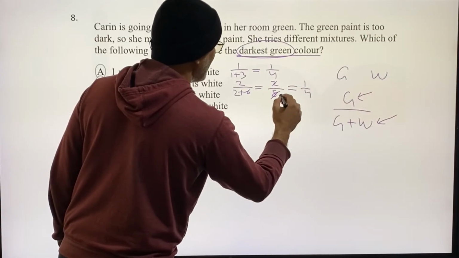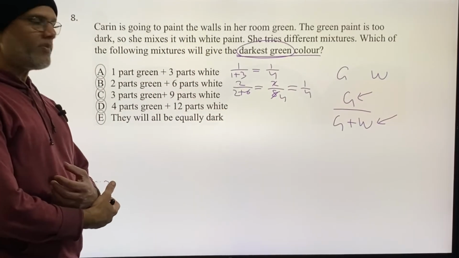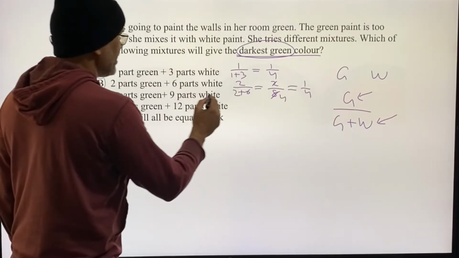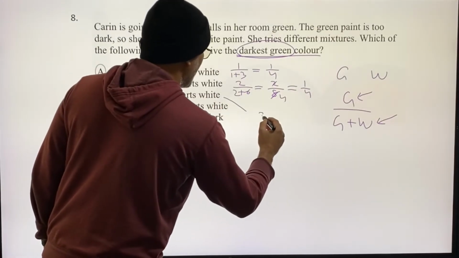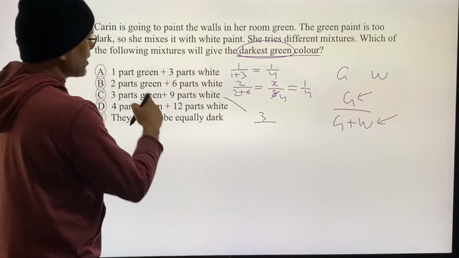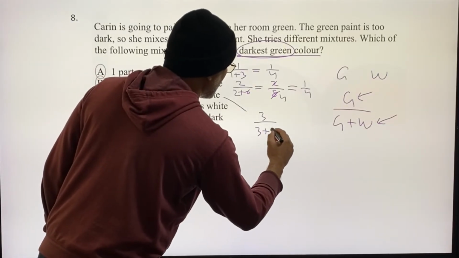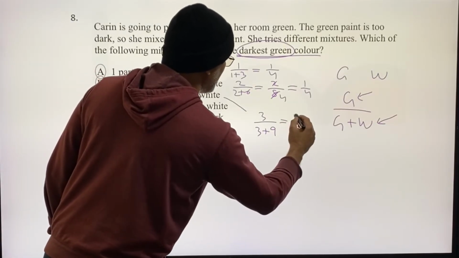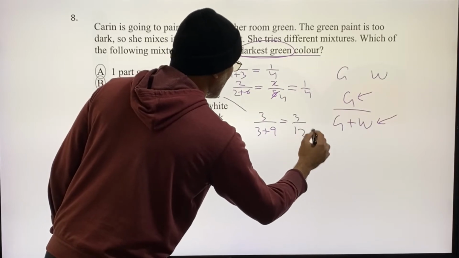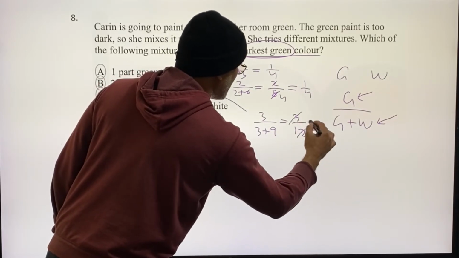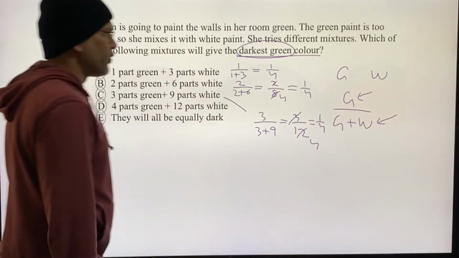For C, 3 parts green out of total 3 plus 9. So this is 3 over 12. Again, this is 1 over 4.